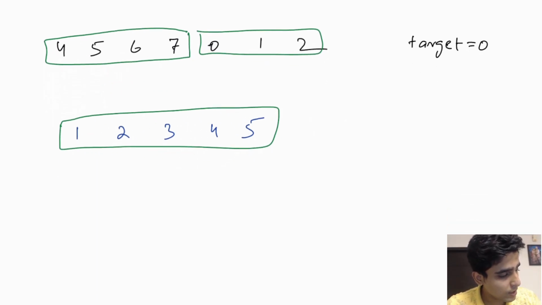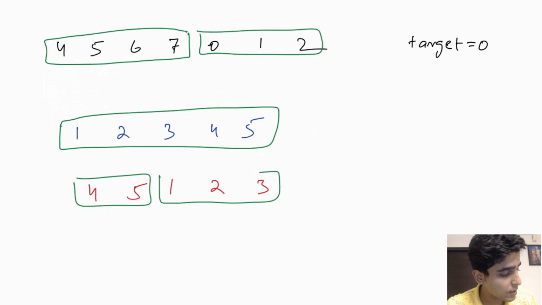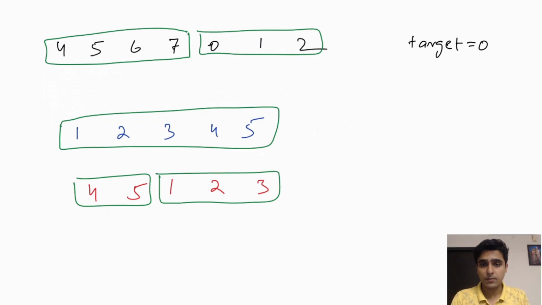Now if I rotate it in some way, for example I rotate it 2 times and it becomes 3 4 5 1 2, you can see you now have to divide it into two parts which are both sorted. So I have reduced the problem to dividing this rotated sorted array into two different sorted parts, and then we can do the binary search.